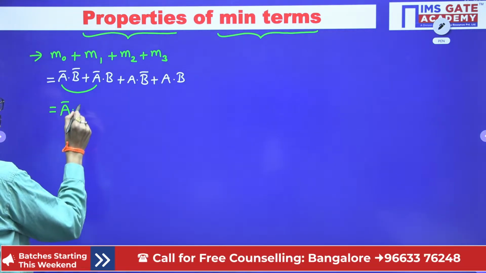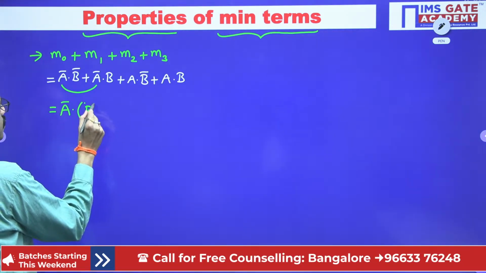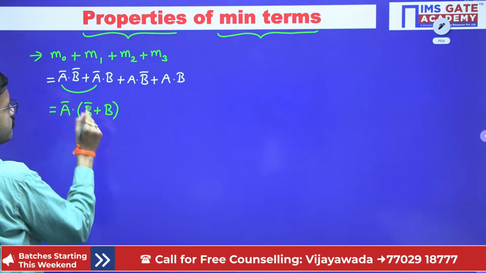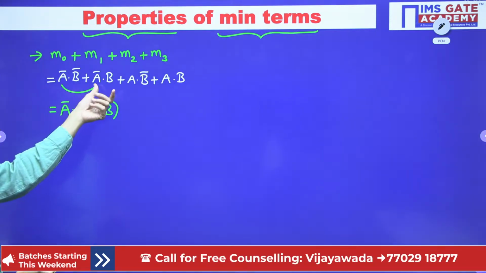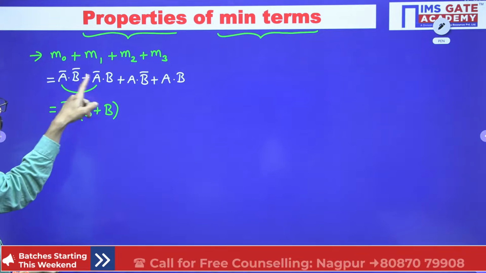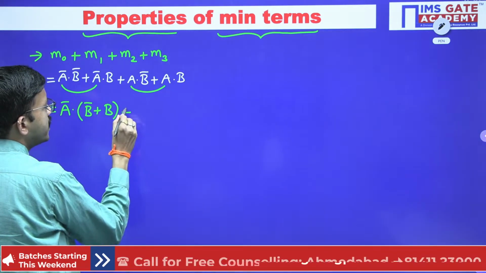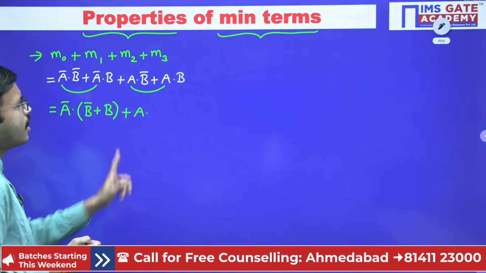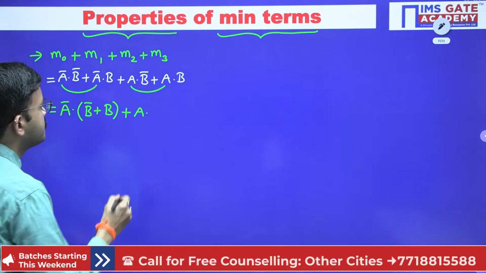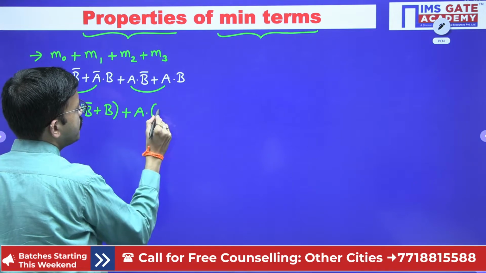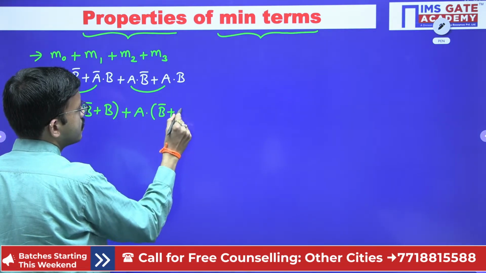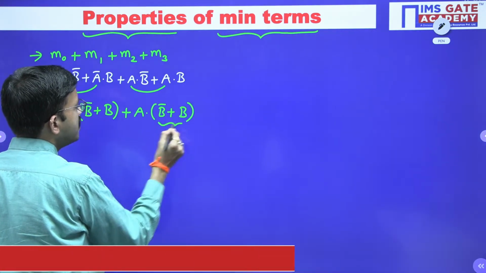A bar if you take common, then you will get b bar plus b from the remaining. Okay, a bar I have taken common from these two terms, then you are getting b bar plus b. Similarly, from the last two terms, we can take a as common, so then you will get b bar plus b. What is b bar plus b?